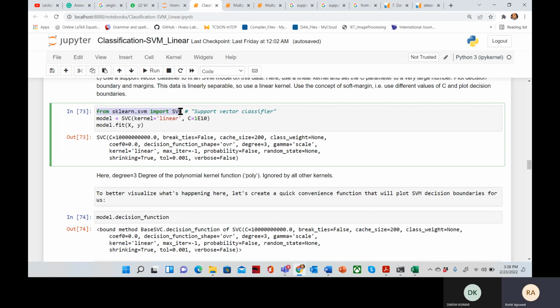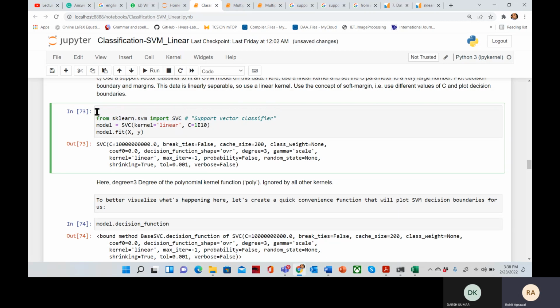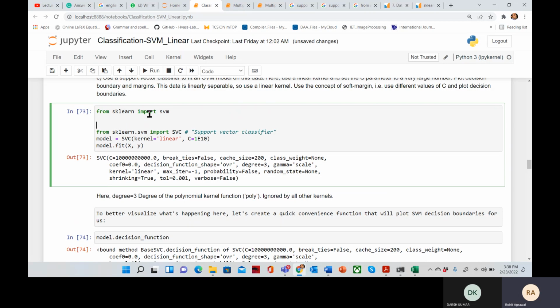Clear? Or you can write, like in the example I have written, from sklearn import svm, and you can write model equals svm.SVC.